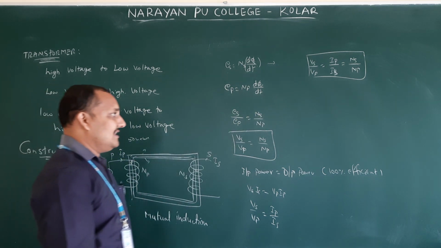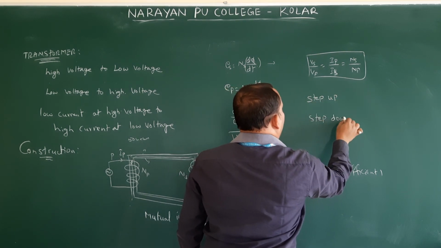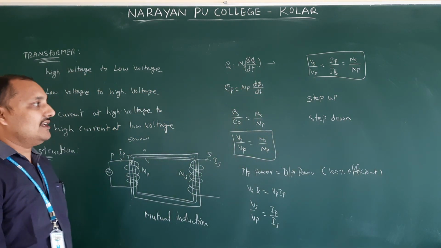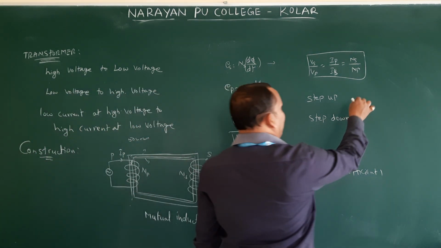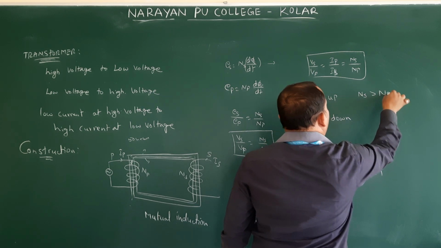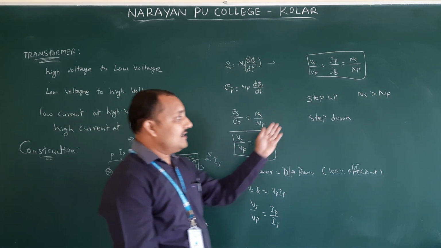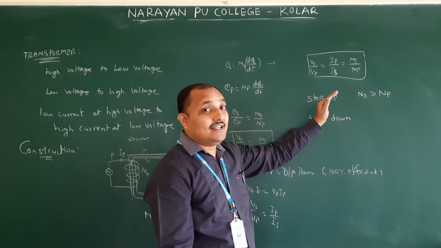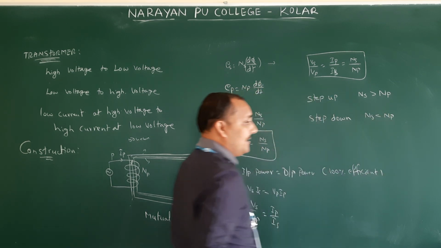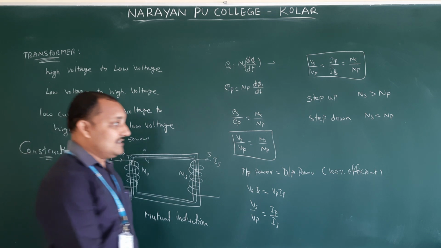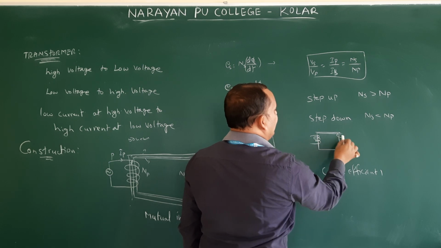Two types of transformers will be there: one is the step up transformer, the other is the step down transformer. Step up we can remember in a simple logical way. We have a secondary coil and a primary coil. If the number of turns is more in the secondary coil, N_S is greater than N_P, the number of turns in the secondary coil is greater than in the primary coil, then that is a step up transformer. Step down transformer is the reverse, N_S is less than N_P. Diagrammatically, like this: N_S is more, here two turns you can take, here more turns.